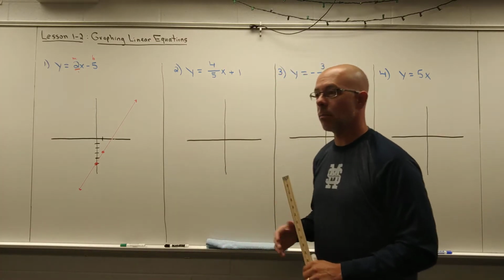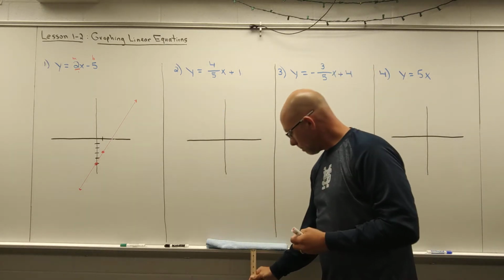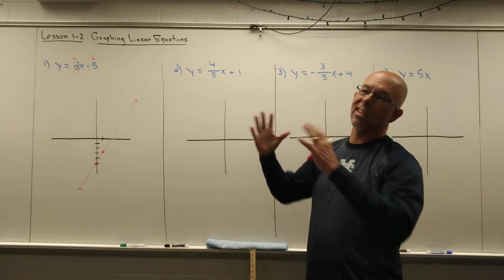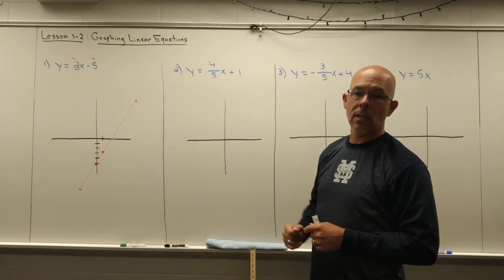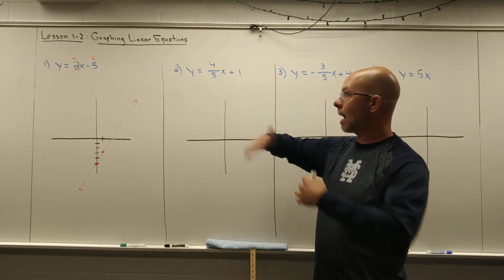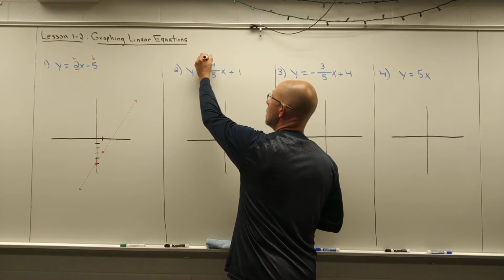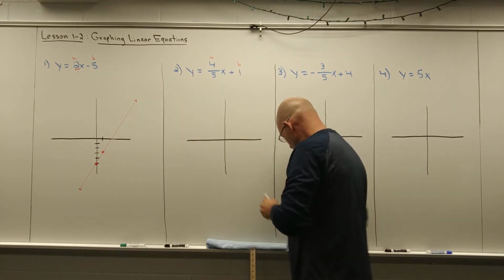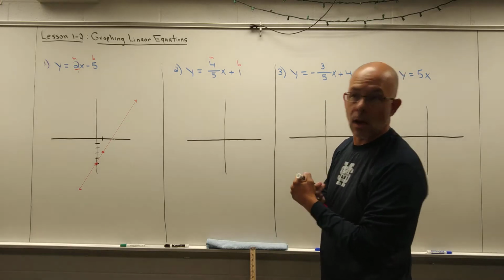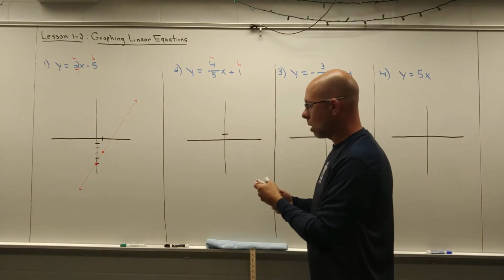Now, next example is not a ton different, except that I put a fraction in the slope. And I know some of you see fractions, you're like, I don't like fractions. I get it. But fractions in this graphing actually are a little bit nice. They're in natural rise over run format. So here's my y equals mx plus b. My y-intercept is now 1, right there. So I'll put that right there.